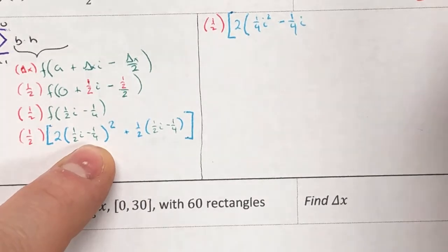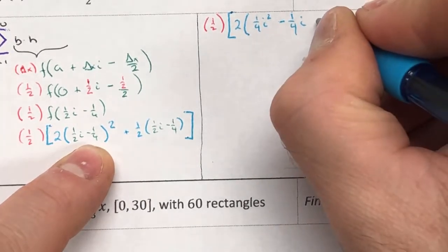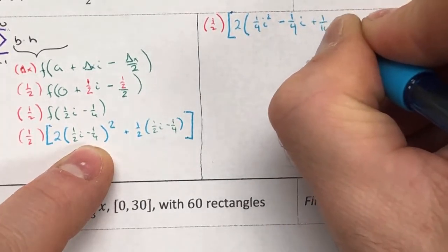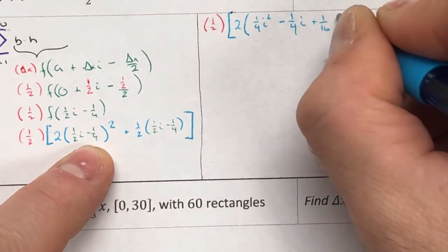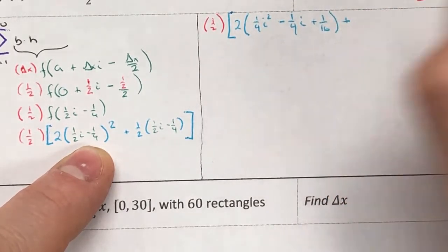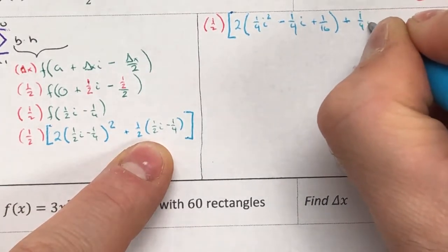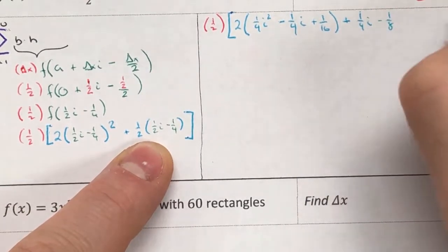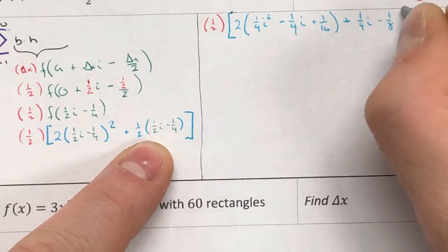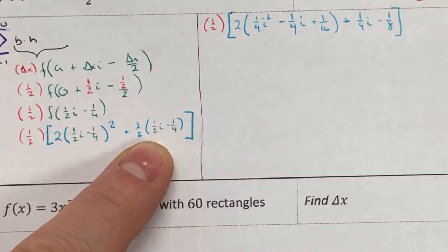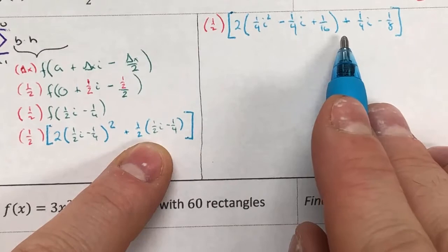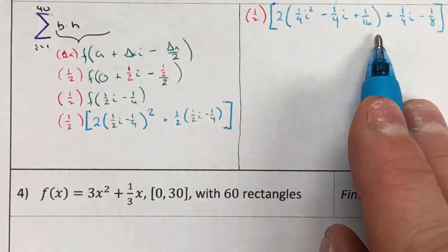And then square this, so minus 1/4 times minus 1/4 is going to be plus 1/16. Then I'm going to distribute this 1/2, so this is going to be 1/4 i minus 1/8. Close my bracket. Cool. So I'm still trying to simplify what I'm plugging into my sigma notation.